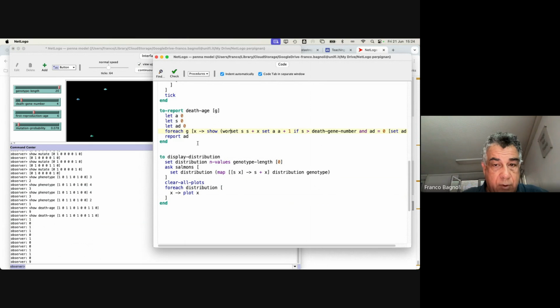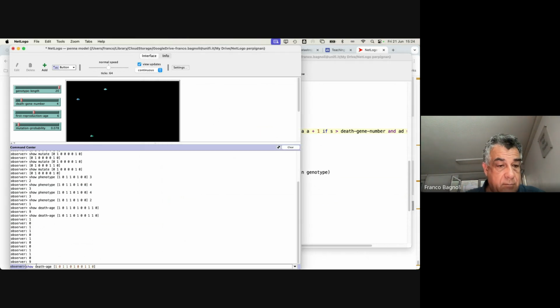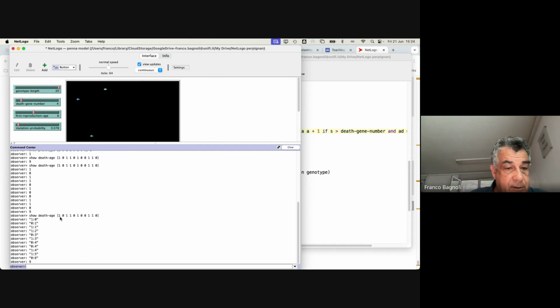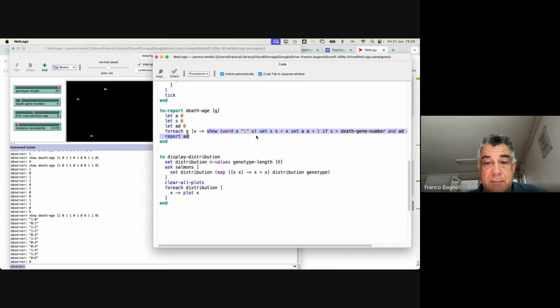So show word X S. So 1 0 1 0, X S is equal to 1, no? It reads 1 1 1 2. This seems to work, no? So S is the accumulated.